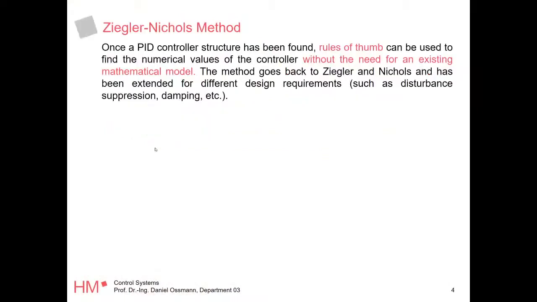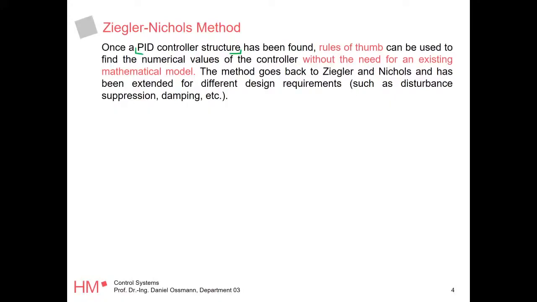Okay, so the first method I'm going to show you is the so-called Ziegler-Nichols method. The idea here is that you first look for a PID controller structure, right? So you say basically, okay, I have a proportional system. I know it's proportional. Actually, you don't even have to fully know it. And you say, okay, I need steady state accuracy, maybe an integral controller which is a little bit faster.